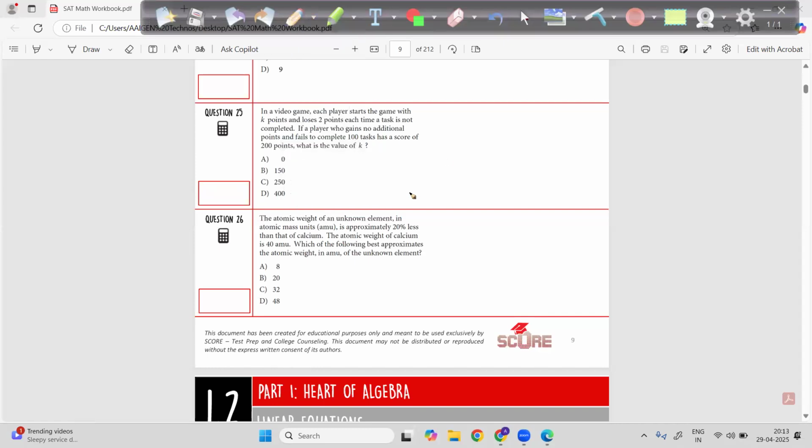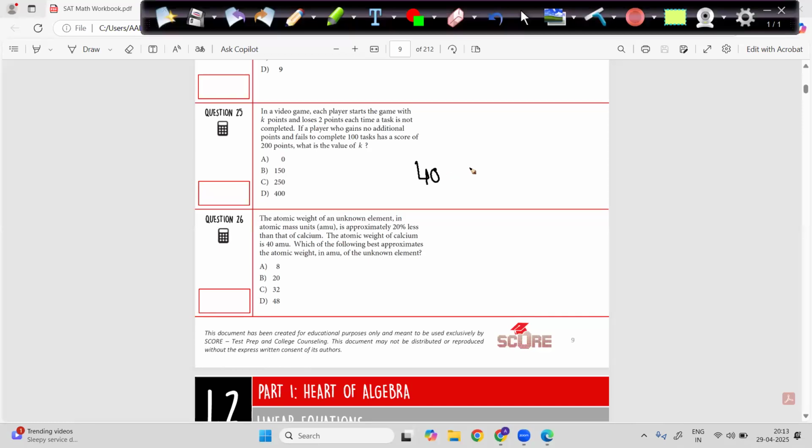So the atomic weight of the unknown element is 20% less than that of calcium. So calcium is 40, 40 minus 20% of 40, which is 8, so 40 minus 8 is 32. So 32 should be your answer. Perfect answer.